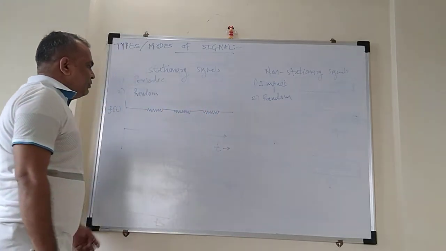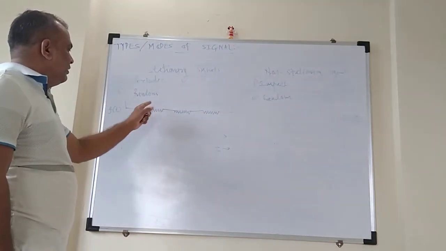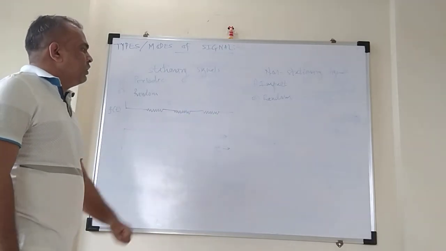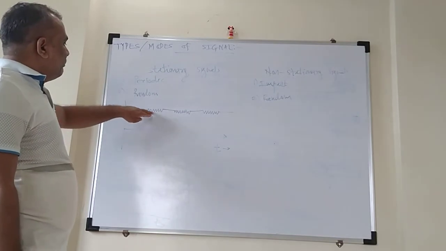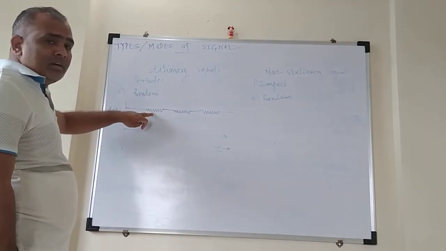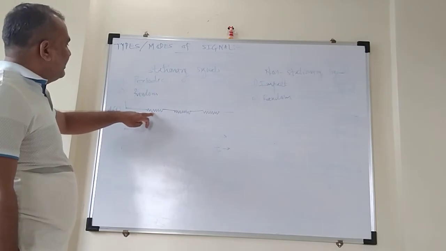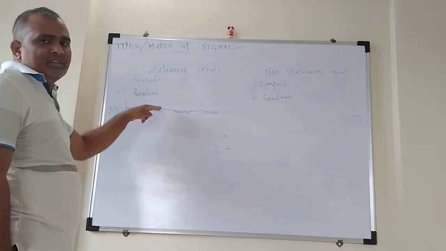Fine. And if you observe the variation of the signal for a particular time block, from this time to this time, the time block is approximately the same for all three cases. There is a variation in the signal, but the variation is stationary. There's not much variation in the signal.